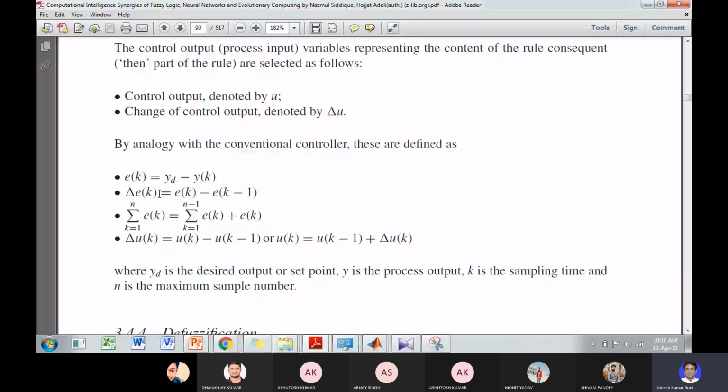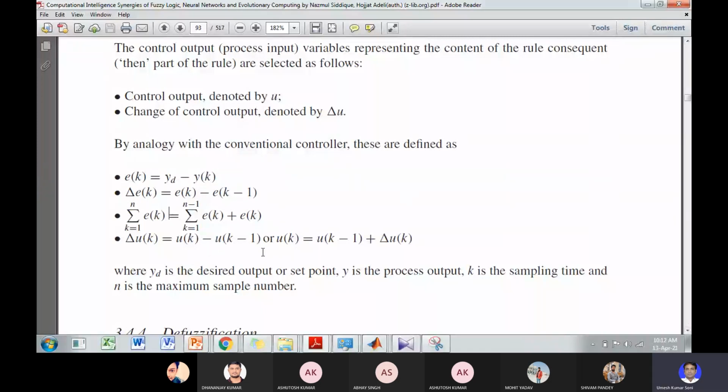Now here the integral term. So integral term is actually the total of the errors up to the previous sample, and the error at the kth sample. So the sum of the total error up to the k minus 1 sample, and the error at the kth sample will define the total integrated error up to the kth sample.